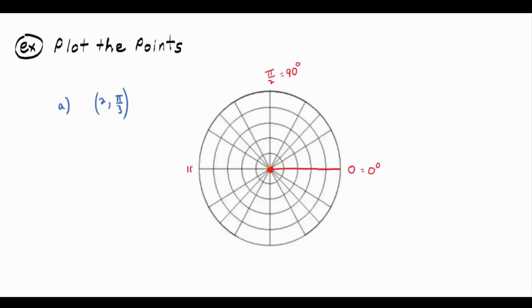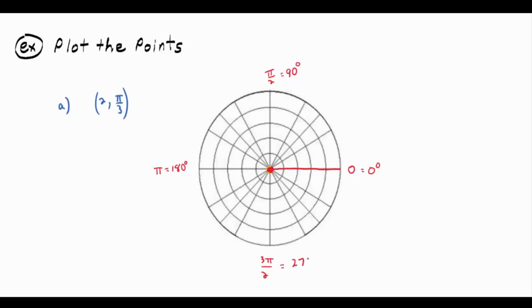Straight to the left, you're talking pi or 180 degrees. If you go 3/4 of the way around from the positive x-axis or the polar axis, you're at 3 pi over 2. Familiar stuff, right?